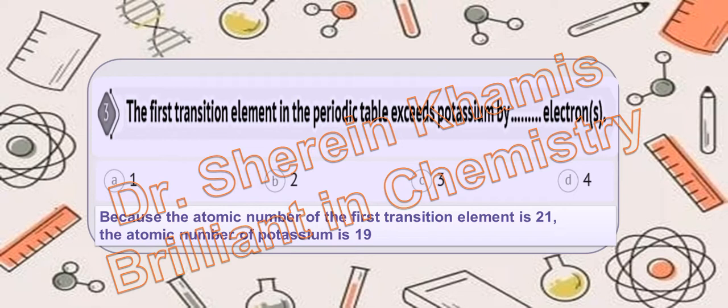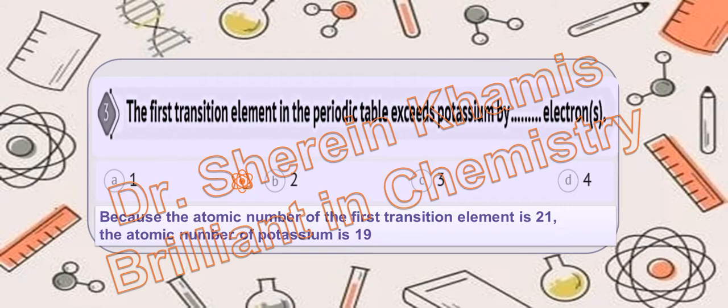So the difference between them, 21 minus 19, gives 2 electrons. So the right answer here will also be letter B. It's an easy question, but we need to know that the transition elements start with atomic number 21. Okay, this is question number 3.